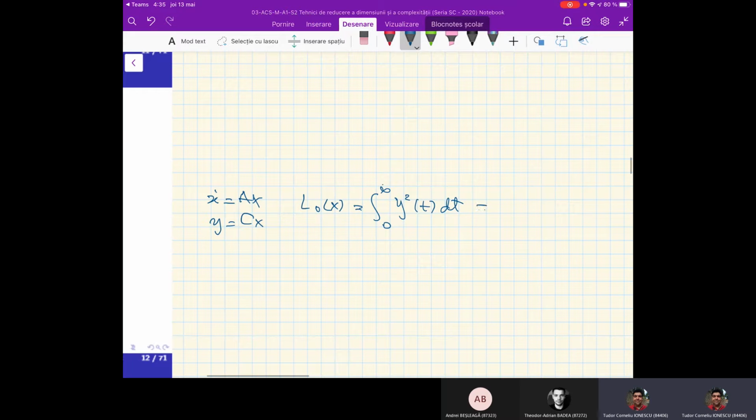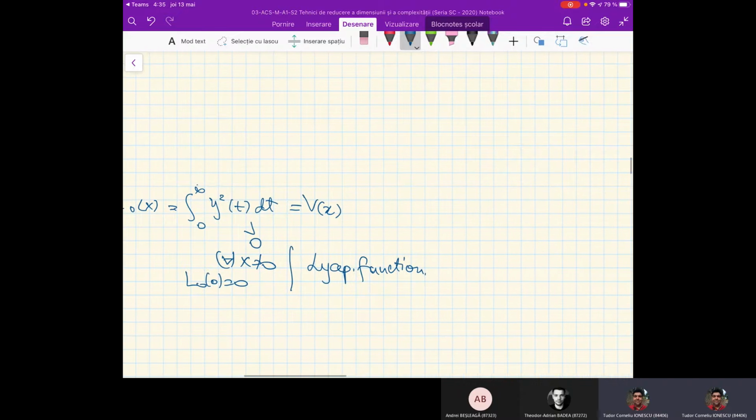This can be called V(x). It's positive definite for all x non-zero, and V(0) is 0. So this is what they call in nonlinear systems a Lyapunov function. This is a Lyapunov function, V(x).